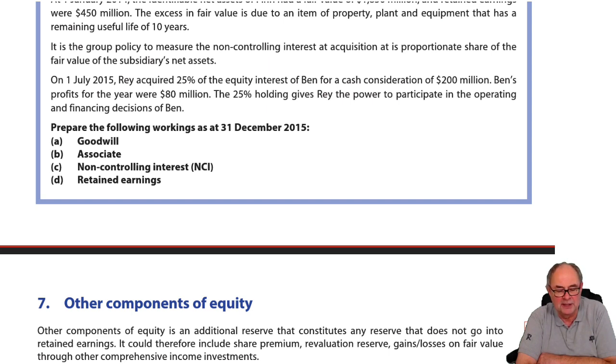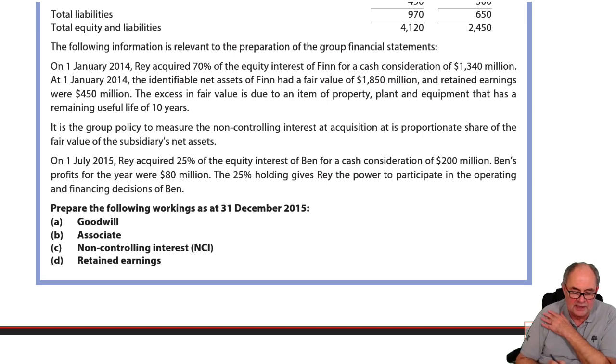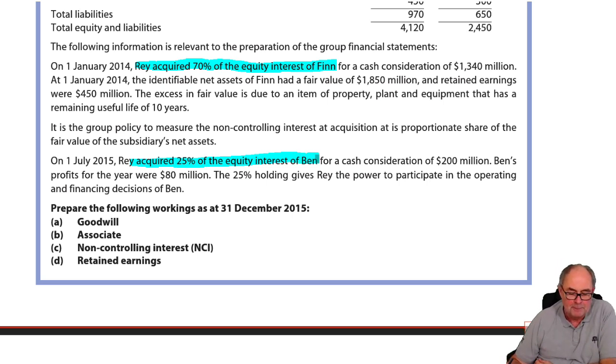You can just make a note saying what your understanding is. I can see there is a parent which owns 70% of a subsidiary, and the parent also owns 25% of the associate.